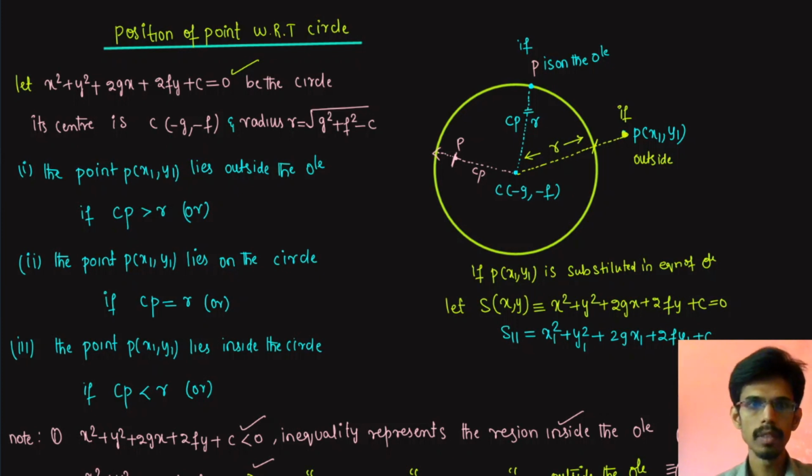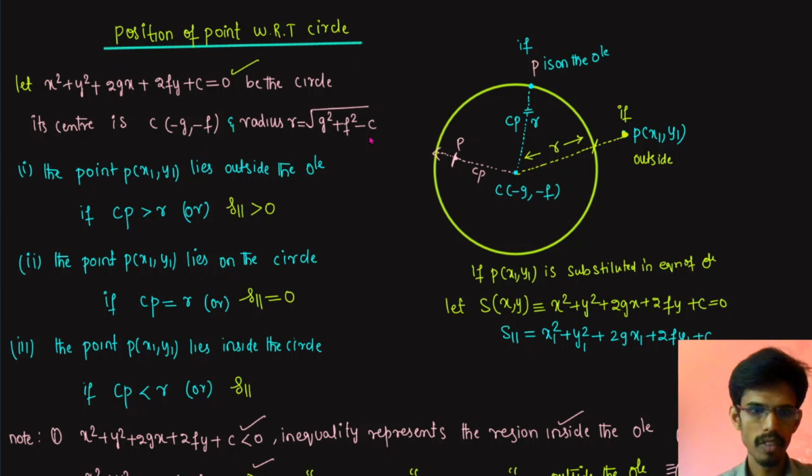So the condition for knowing whether the point lies outside, inside, or on the circle is: S11 greater than 0. If we put the point into the equation of the circle and the value is more than 0, then the point lies outside the circle. If S11 equals 0, the point lies on the periphery of the circle.